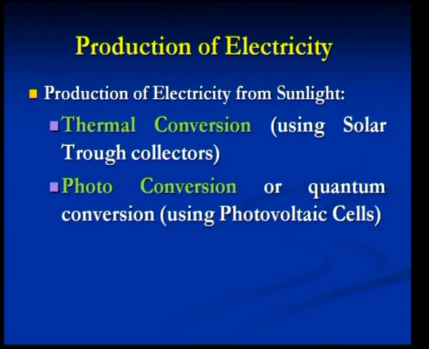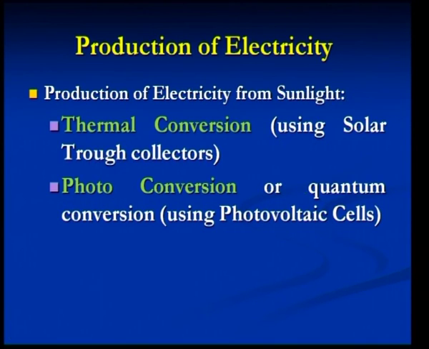In the first conversion method, the thermal conversion method, we make use of what is called a solar trough or a solar collector. This solar collector does the job of collecting the heat and then transfers it into other fluids from which we can derive the energy. The second type of conversion is based on photo conversion. This type of conversion is also called quantum conversion.